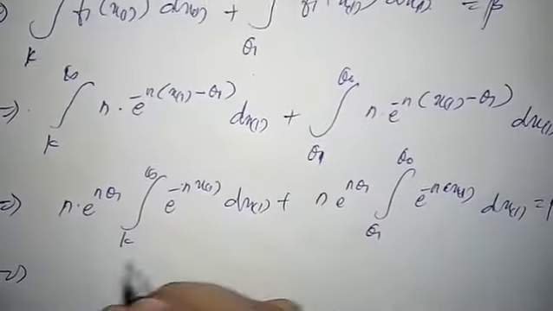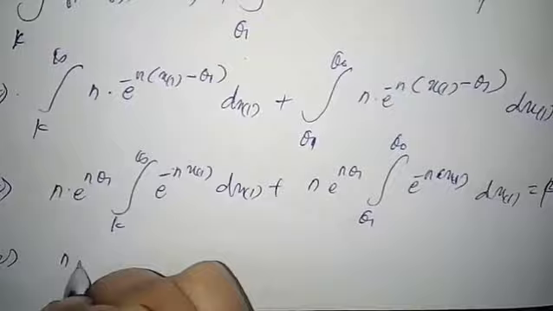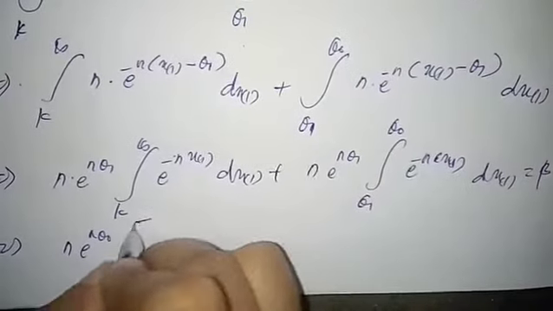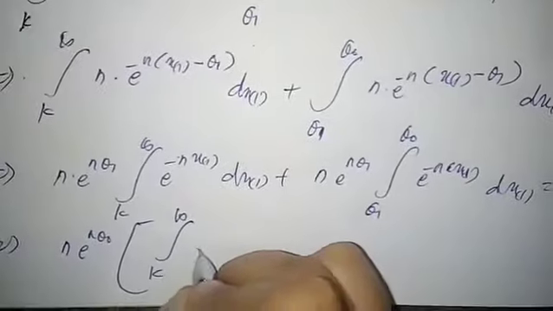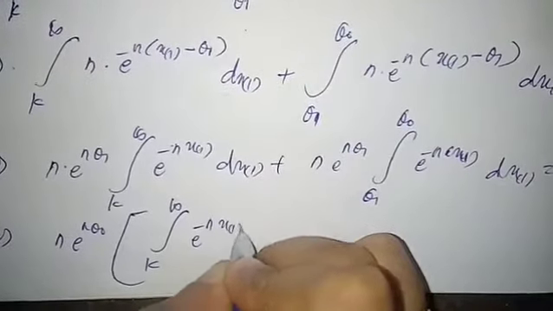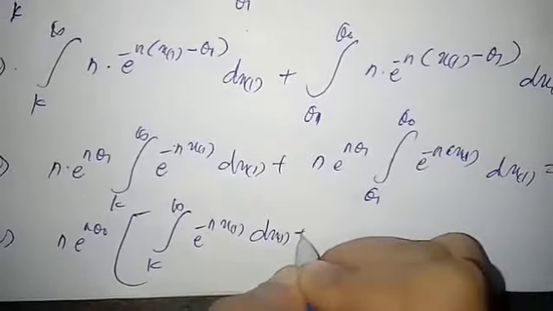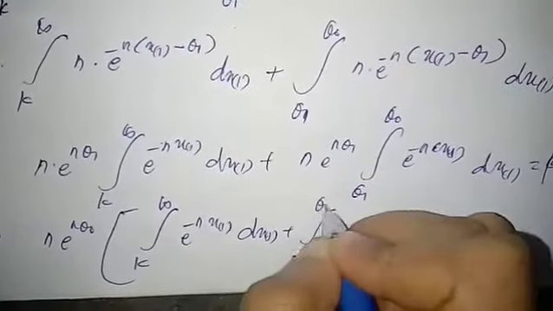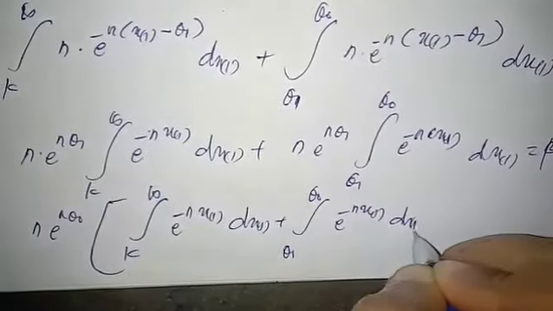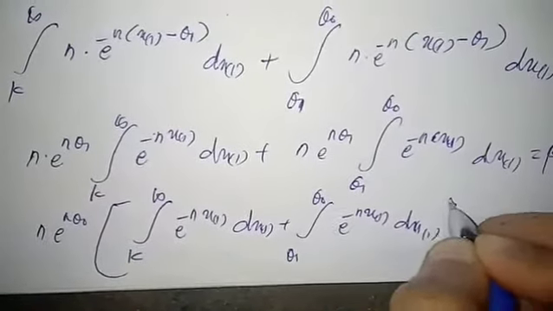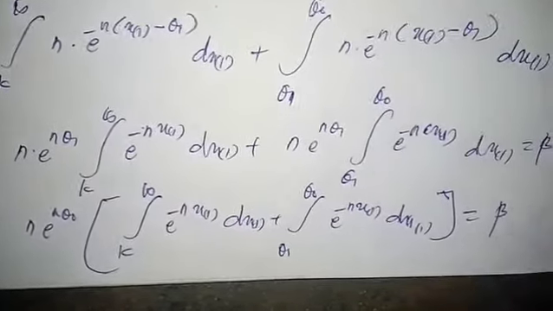Then we have to take outside n e power n theta 1, the integral over k to infinity of e power minus n x1 dx1 plus the integral over theta 1 to theta naught of e power minus n x1 dx1, equal to beta.